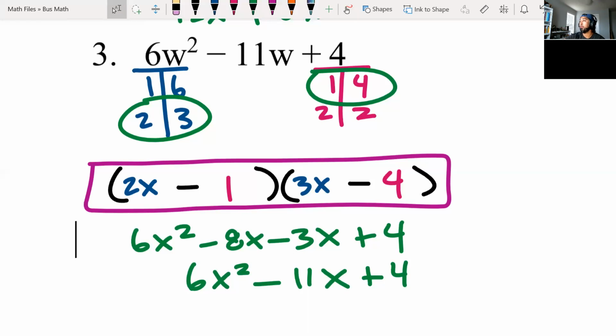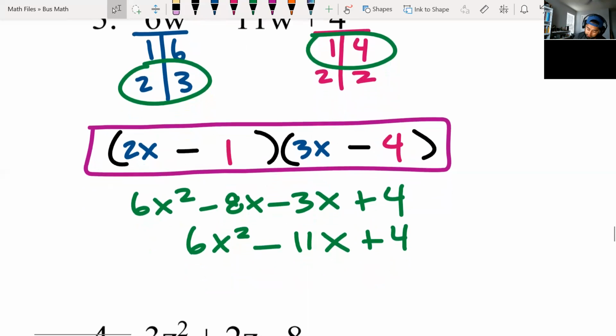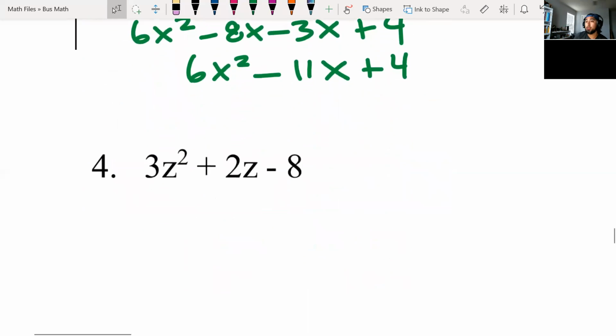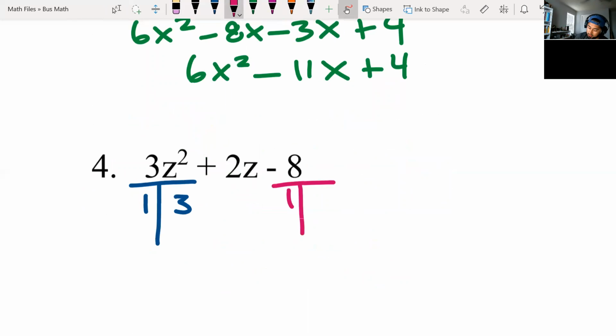Okay. Let's keep going. All right. Next. 3z squared plus 2z minus 8. List our factors. Lucky for us, the only factors of 3 are 1 and 3. And then factors of 8: 1 and 8, 2 and 4.